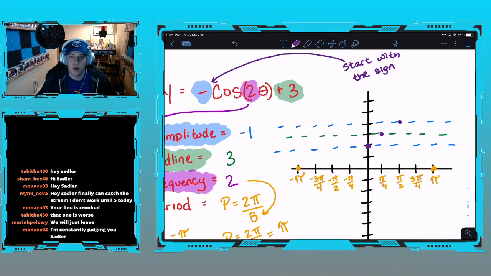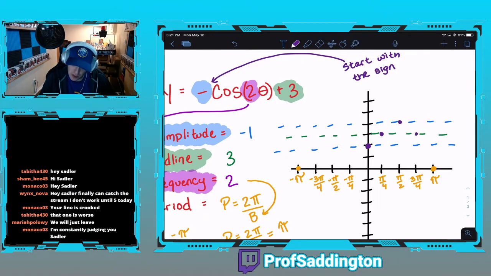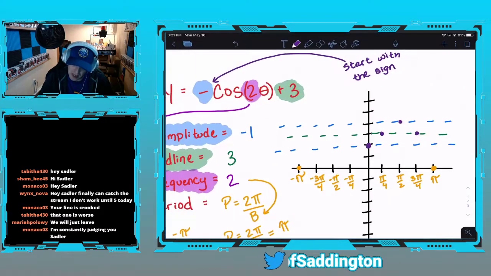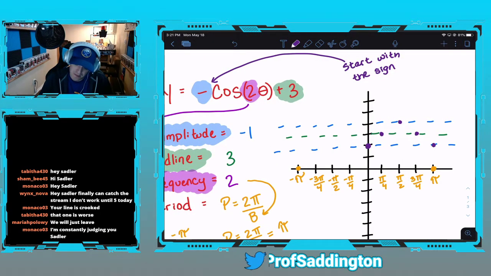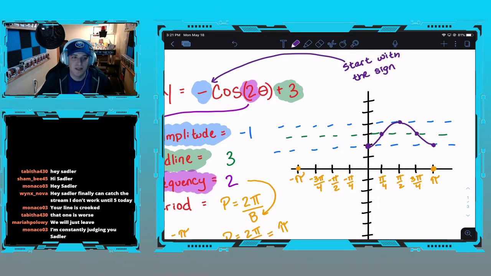And then we have to work our way back down. So the next one will be at 3 pi over 2, all the way back down to positive 2. So if we did it correctly, it should kind of look like a very crooked C.